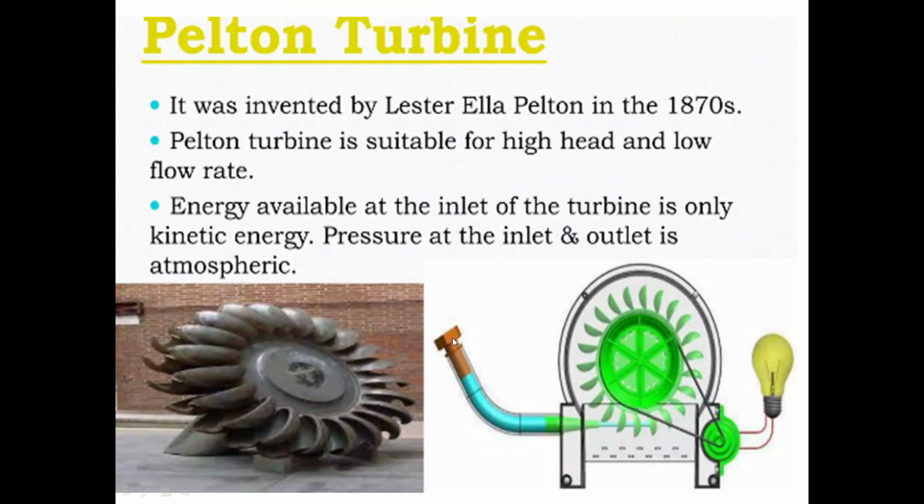Through this nozzle, water is hitting the buckets or vanes or cups of the impeller, and it is rotated, and this is connected to a shaft, and that shaft is connected to a generator through which electricity is produced. It was invented by Lester Allan Pelton in the 1870s.